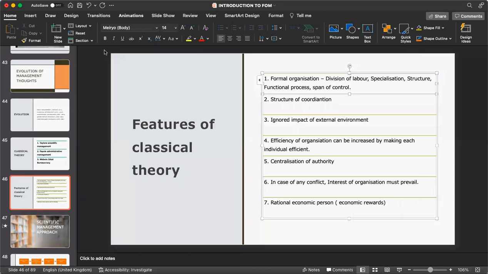Point number 6. In case of any conflict, interest of organization will prevail. Because as you know, whenever we talk about any organization, conflict and difference of opinion is always there. For example, you are working in a company and the company thinks that by acquiring one marketing agency to promote the company, we may be able to increase our sales.